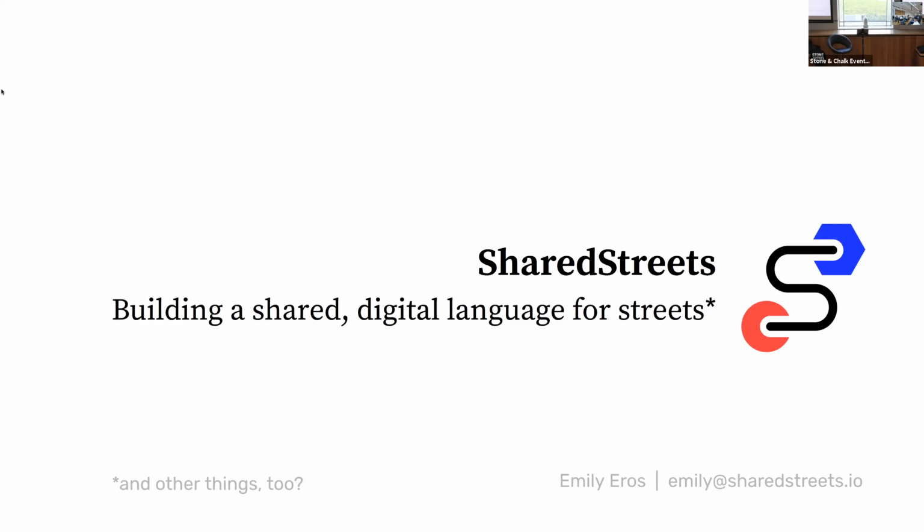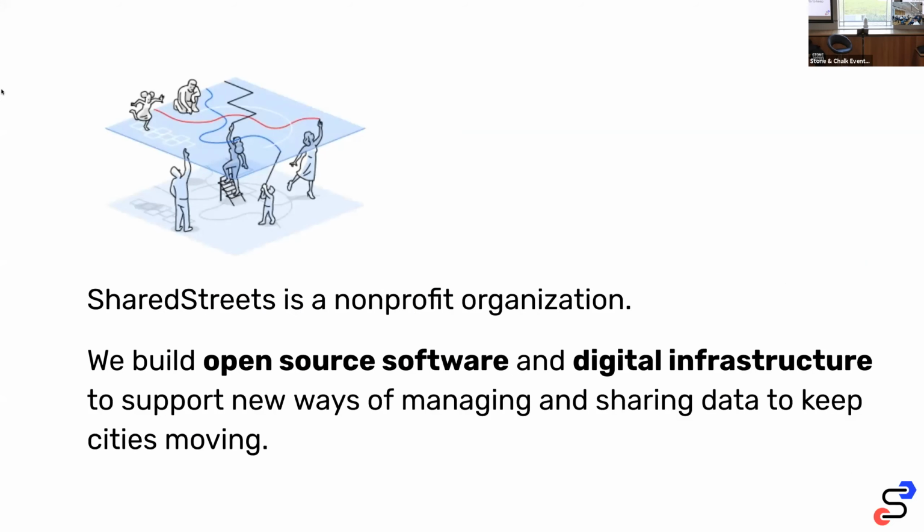We're a nonprofit, and we build open source software and digital tools to help city governments figure out where their streets are, what's happening on them, and be able to exchange information so that they can understand and manage them better. We're a tech nonprofit, so we work with technology, we care about cities, we like maps, but really what we're trying to do is help cities understand what's going on so that they can make their streets more livable for all of us.